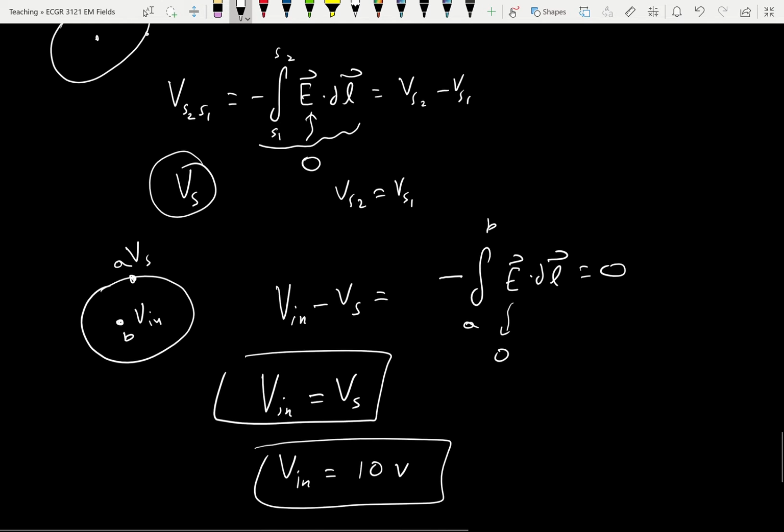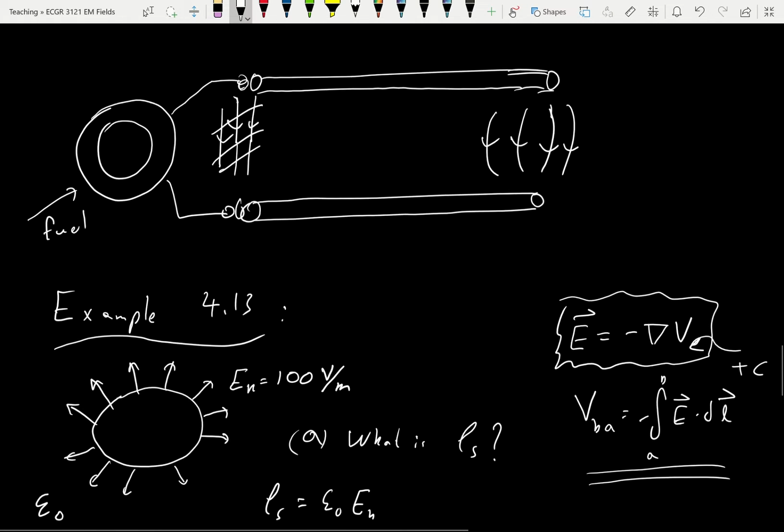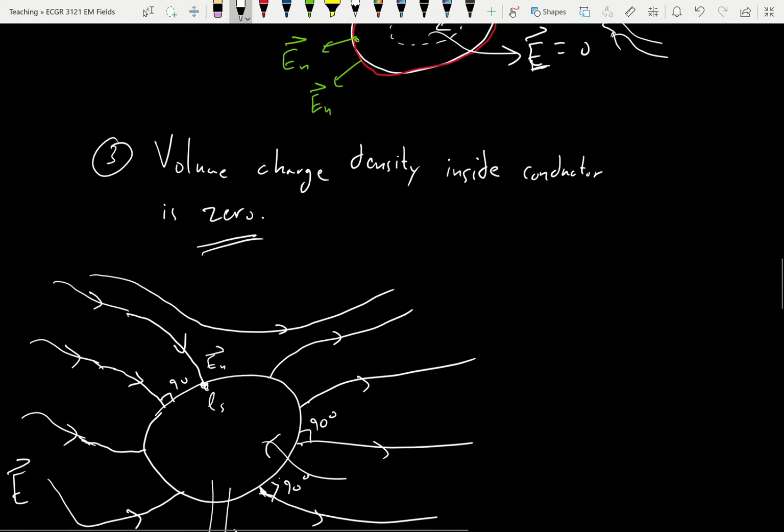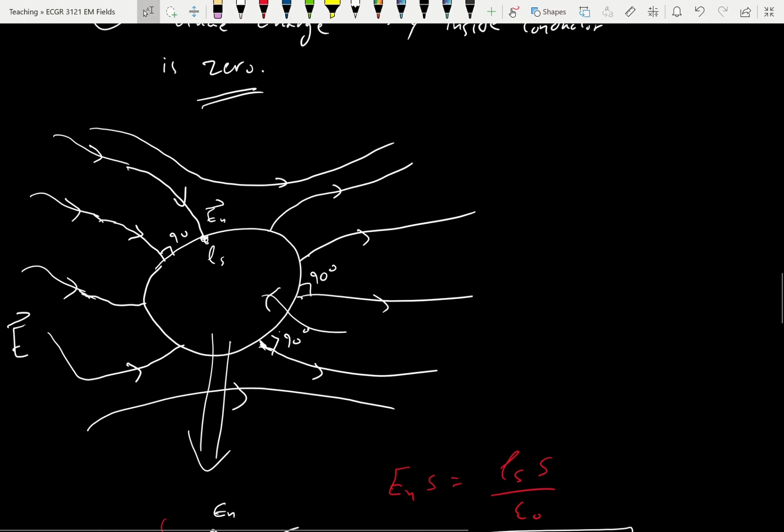Okay. So this is another basic property of conductors in general. We could have stated it, but we could derive it from what we already know. But the basic property is that every point in a conductor has the same potential, the same voltage.